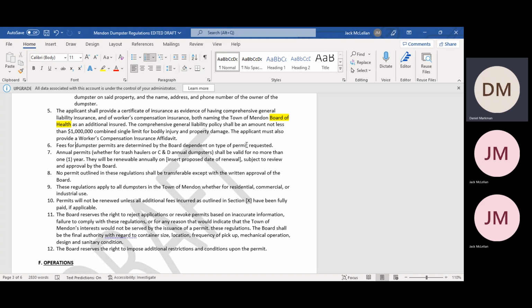This will basically provide the possibility that if you have a hauler that only wants to rent certain kinds of dumpsters for very brief periods on a very limited basis, this allows them to obtain a permit for less money. That's it. That's the reason why the categories exist.